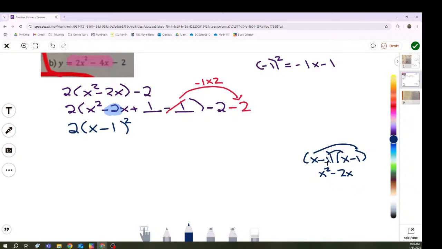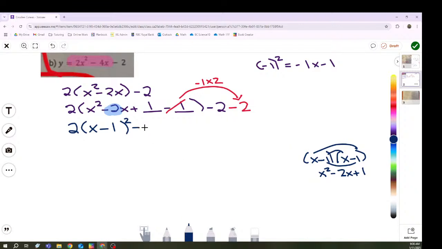And then my last terms together make, no, negative 1 and negative 1, the last terms, make the plus 1. Right, so that's where that came from. So we factored this trinomial to this. Minus 2 and minus 2 sat outside the bracket. What's minus 2 and minus 2?